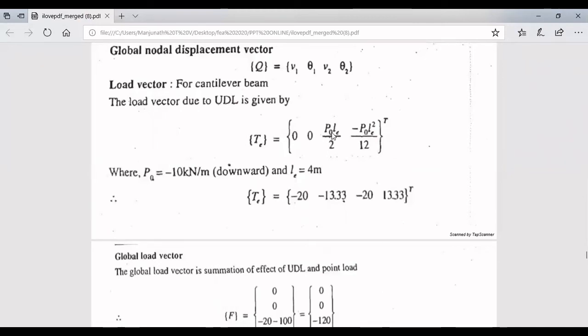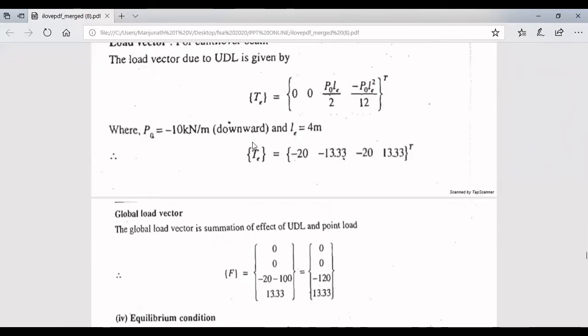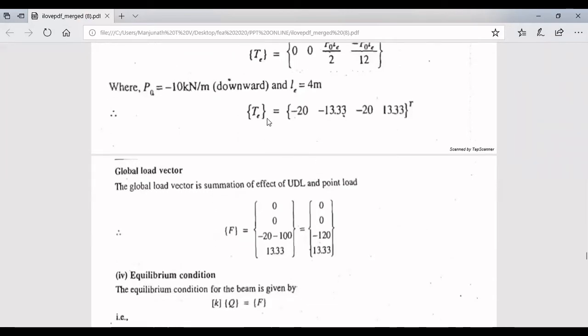Only node number 2 remains, with p naught le by 2 and minus p naught le square by 12. Calculating this, you are going to get the force vectors for the given UDL load: minus 20, minus 13.33, minus 20, 13.33.